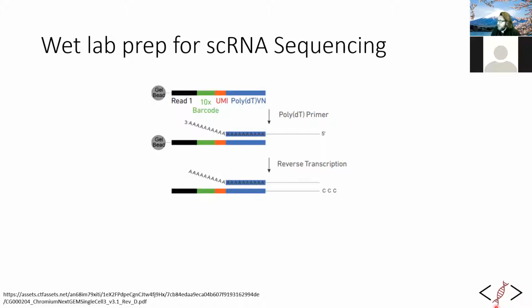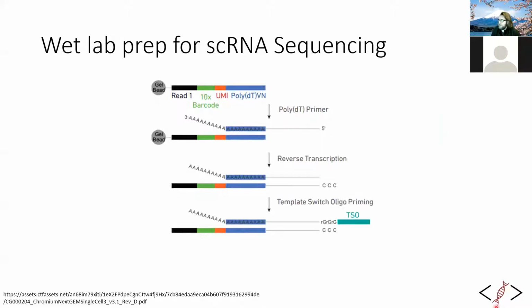All right, so the next step is to attach this TSO, this template switch oligo. And this is really just part of the 10x Genomics workflow for library prep. I'm not going to belabor the points about how this is specifically done. If you want to learn more about the specific wet lab steps, there are some really great resources, and in fact, you can view this extremely detailed report that will tell you all of the steps that go into this.